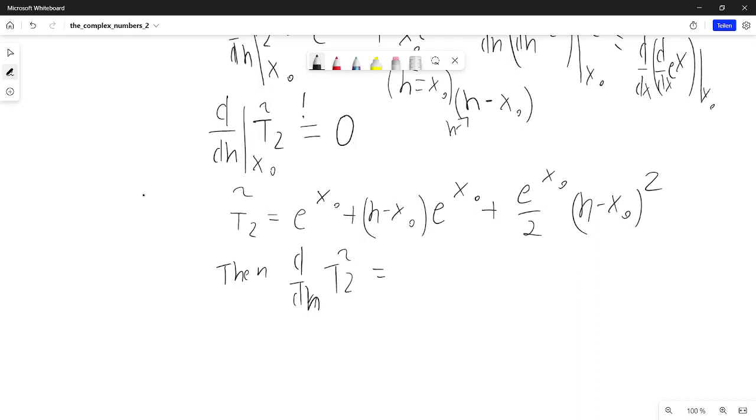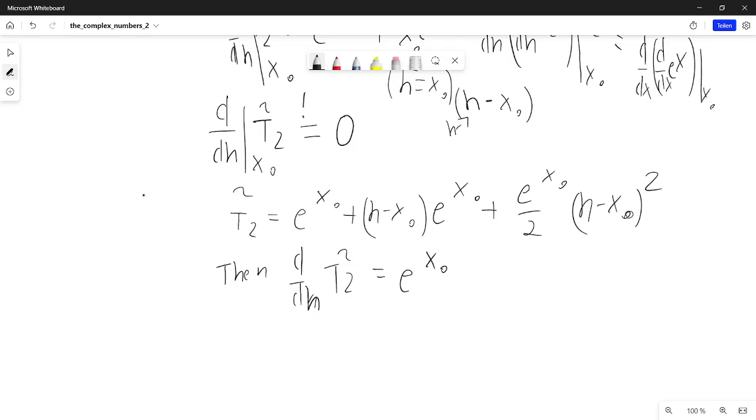This term is eliminated because it is constant. The average remains without h because h is cut out. Right? And now here, if we use the derivative of the composition, right? Then we get 2 in front, and we get the derivative of that. And the derivative of that, x0 is a constant, is eliminated, and here is 1.